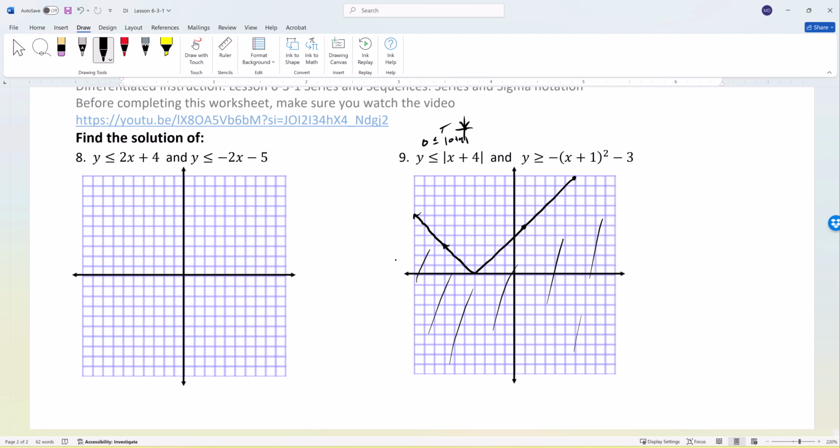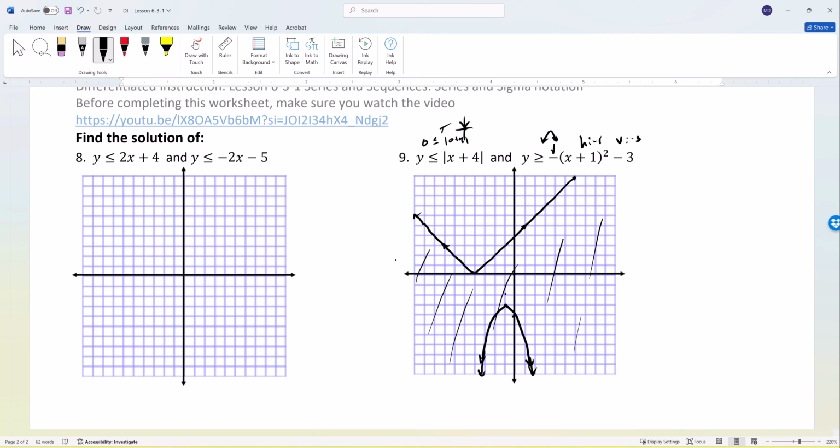Now for your next one, you have a horizontal shift of -1 and a vertical shift of -3, and because of that, it's going to be facing down. That's a reflection. So it's going to move over 1, it's going to move down 3, and then so there's my parabola. And now same idea, I need to test and shade.